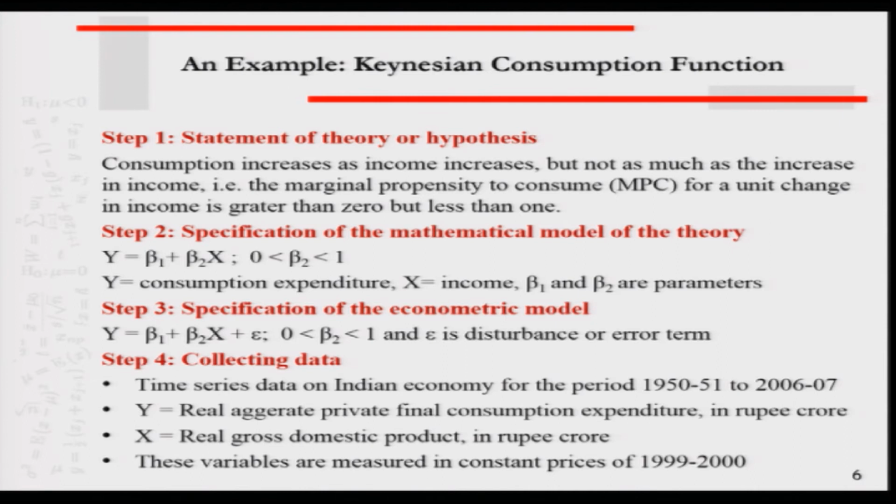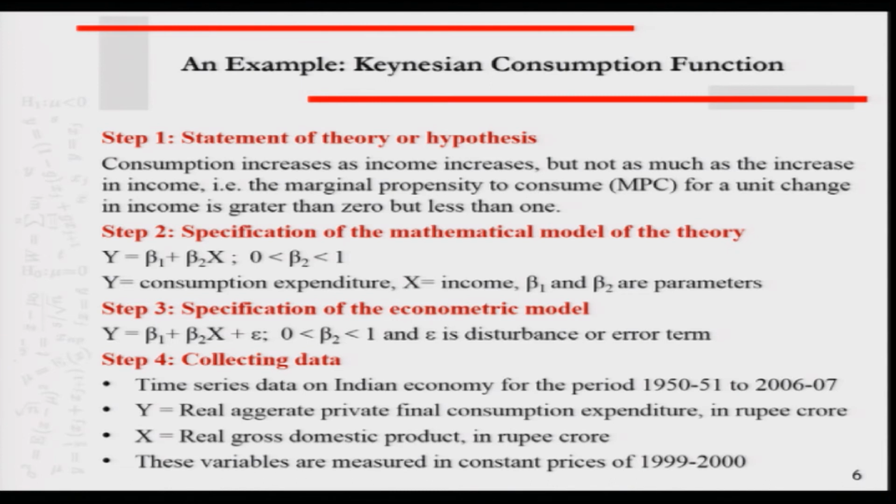It could be 80 paisa, it could be 90 paisa, we do not know a priori, but from this theory a concept emerges, and that is called marginal propensity to consume. That is the quantity of change in consumption expenditure from a unit change in income, and it is generally expected to be greater than 0, but hypothesized to be less than 1.